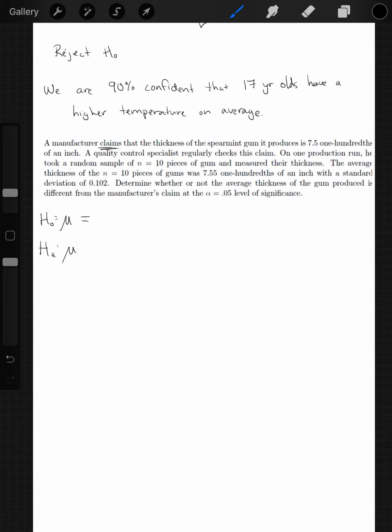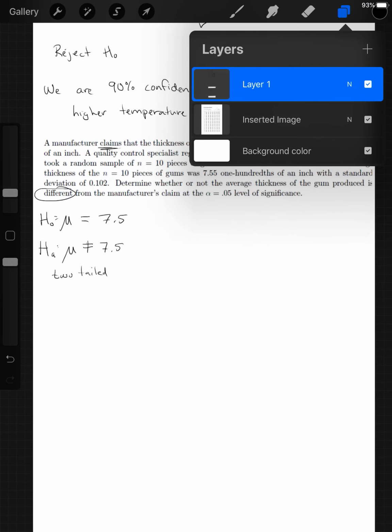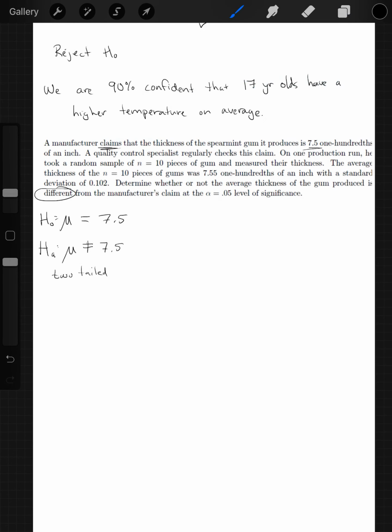So the claim, the status quo was 7.5. If we look down here, it's just asking if it's different. So we're going to get a two-tailed test. Right. N is equal to 10. That's just directly given to us.